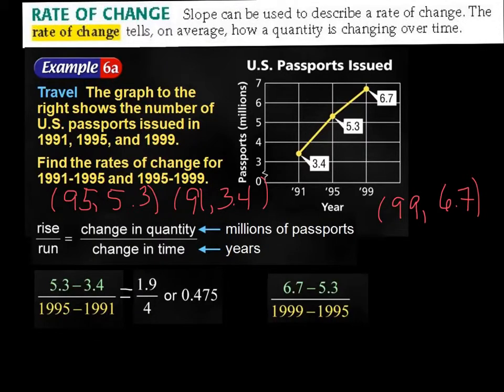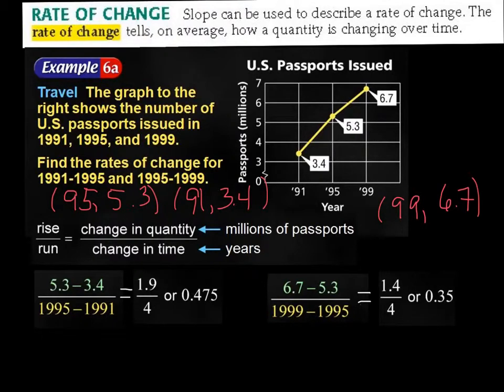Okay, so when we do the rate of change from 95 to 99, we did change in y, so 6.7 minus 5.3, over change in x, 1999 minus 1995. So that's 1.4 divided by 4; using a calculator we got 0.35.